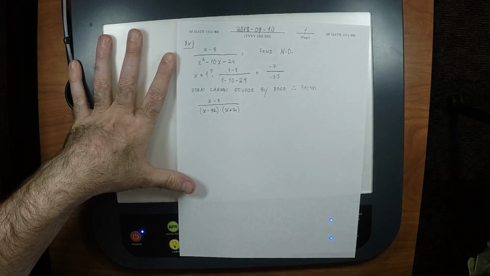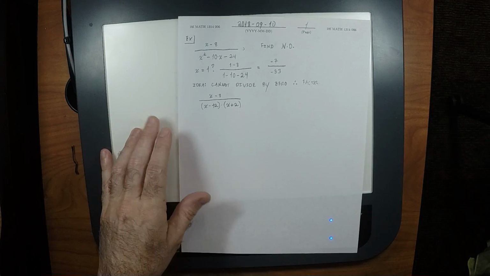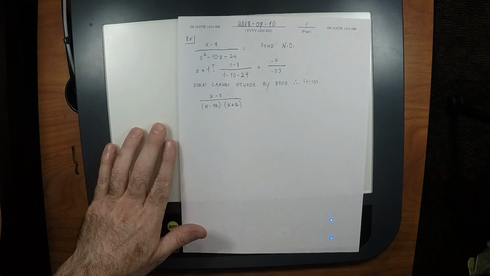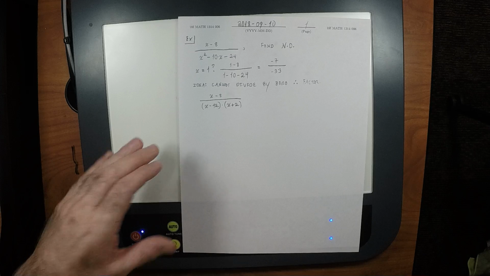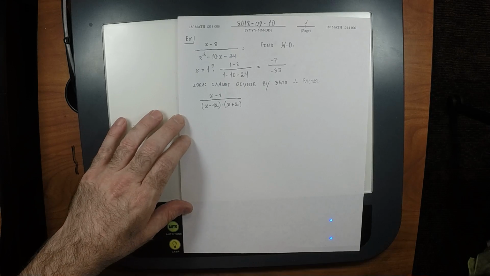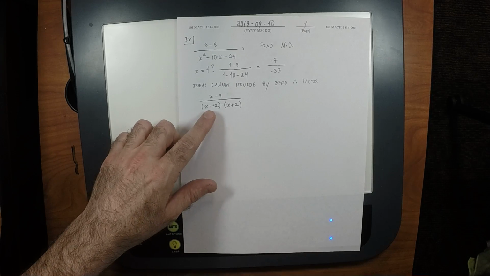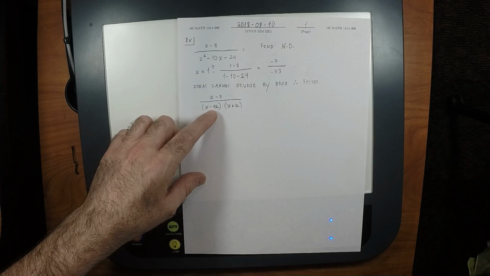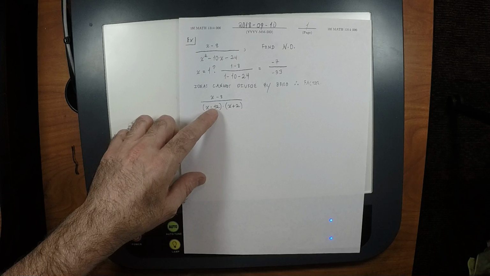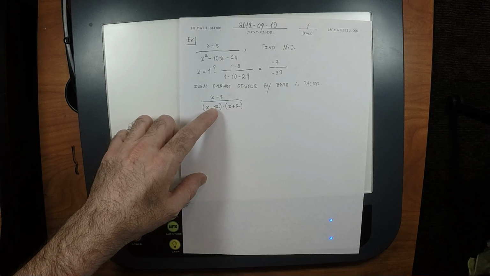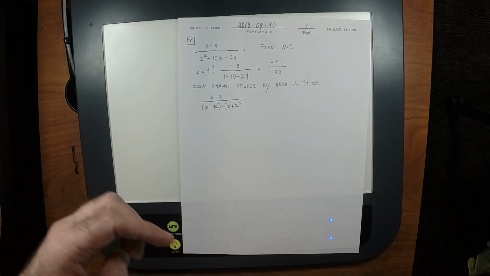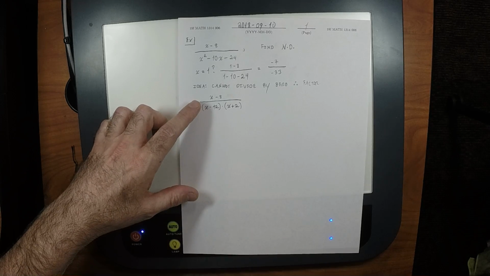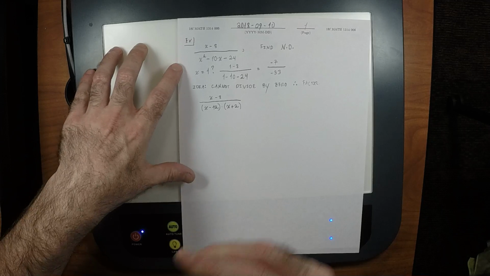Now that we've factored, some numbers are not permitted. What's an example of a number that cannot be part of the natural domain? 12, because if you substitute x is 12, that factor is 0, which means the whole denominator is 0, a division by 0, which is not defined. Besides 12, what's not permitted? Negative 2.